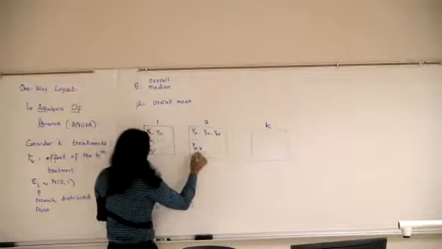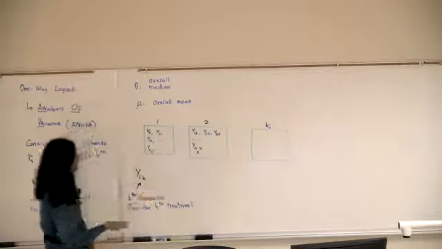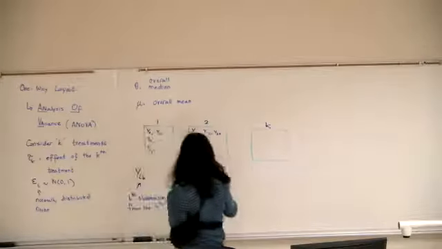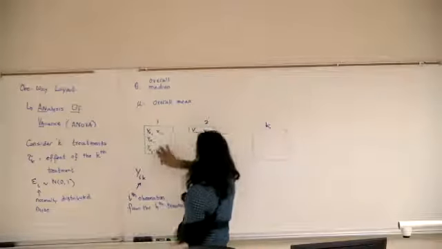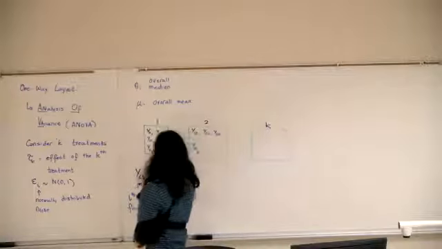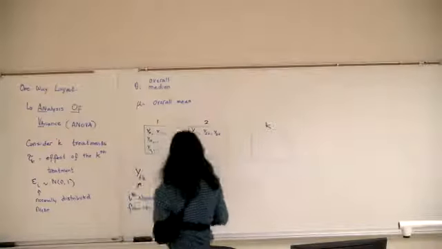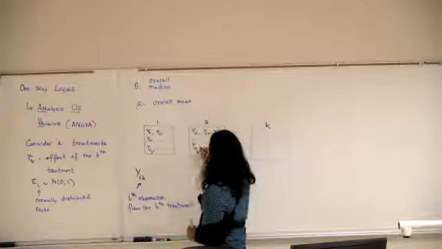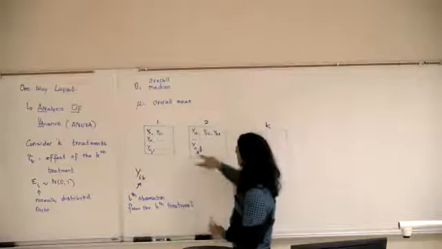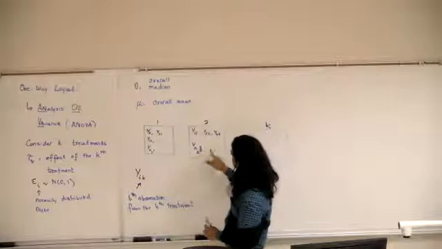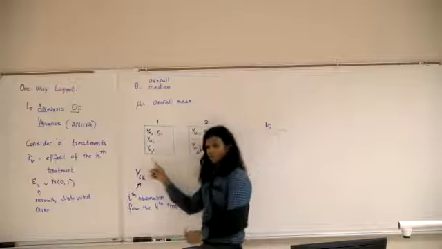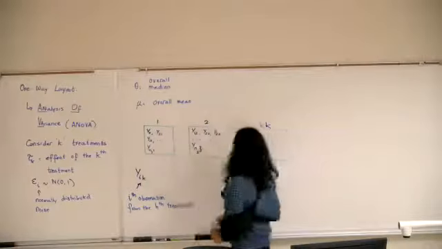I can put the index as 1, 2, corresponding to the treatment. So N2 observations from treatment 2, N1 observations from treatment 1.